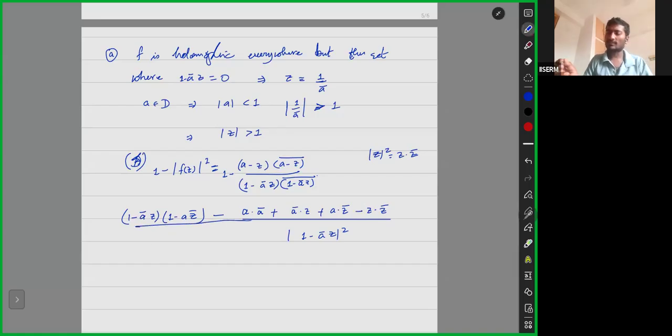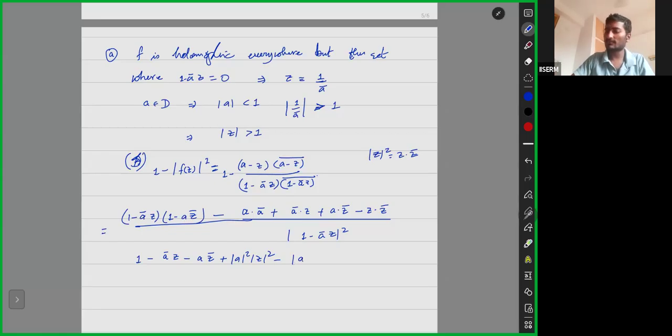So it is in the numerator, and we further simplify this. So this is 1 minus a bar z minus a z bar plus mod a square mod z square, minus this, now I'm going to write the already written part from the previous thing.